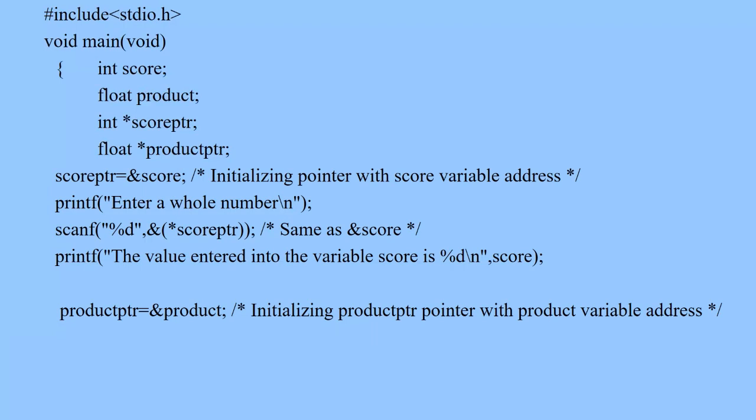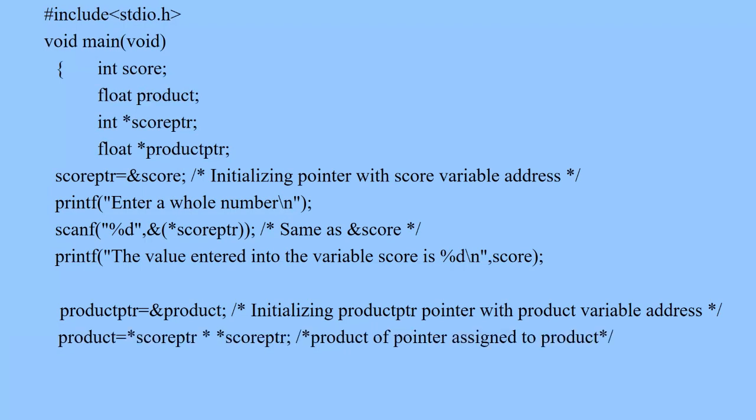So this statement is like multiplying score times score. That is, the value of the memory location called score multiplied by itself. And that is what is stored in the memory location called product.